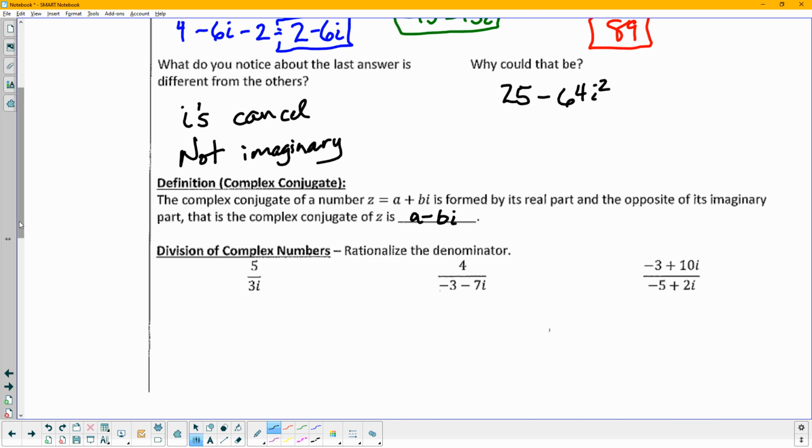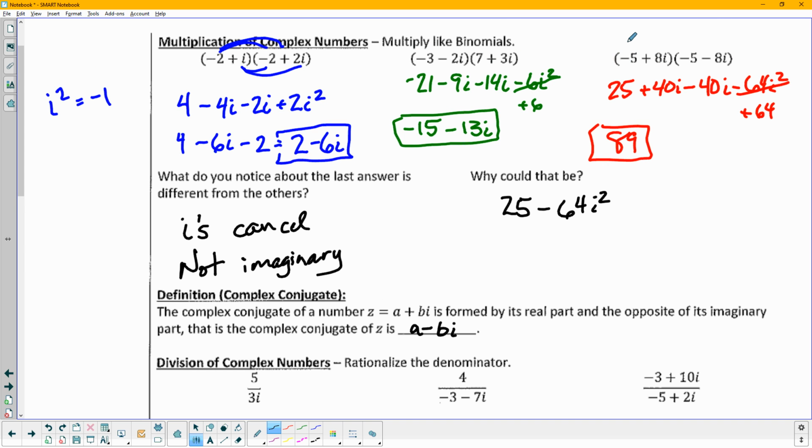And if we look up here, that's really what we did. If this was a plus bi, we multiplied it by the same a, but minus bi. And obviously, if our original one was minus here, we'd just make the second one a plus, and there we go. But what does that do? Again, it makes it not imaginary. It makes it a real number now.